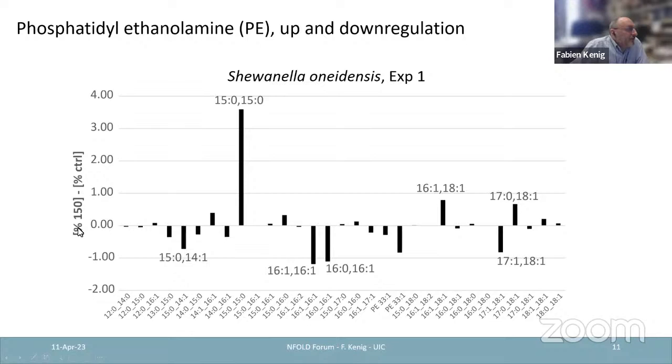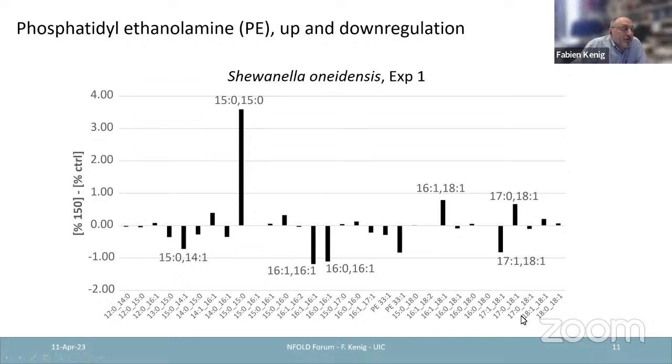And this is percent of PE, so these are all our phosphatidyl ethanolamine, and we have on the x-axis all the various species of substituents. Some are short chain with 12 carbon or 14 carbon.